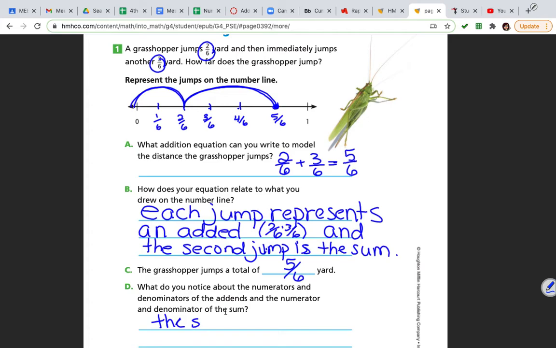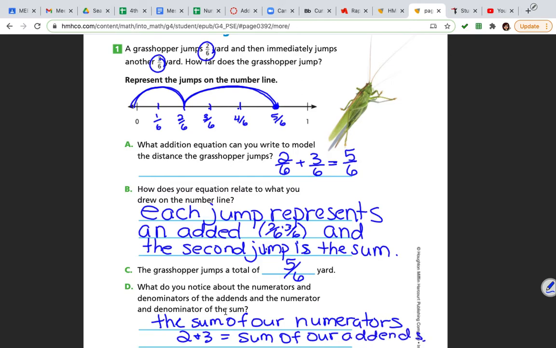The sum of our numerators, 2 and 3, equals the numerator of the sum of our add-ins.